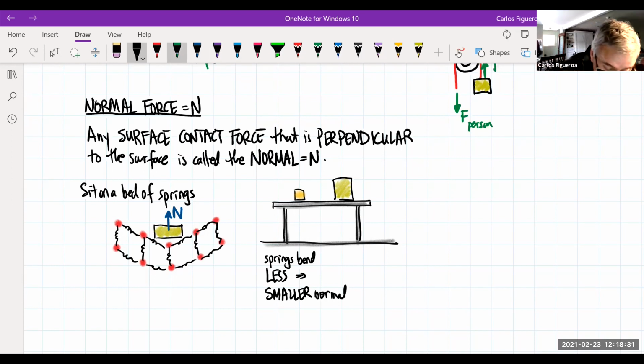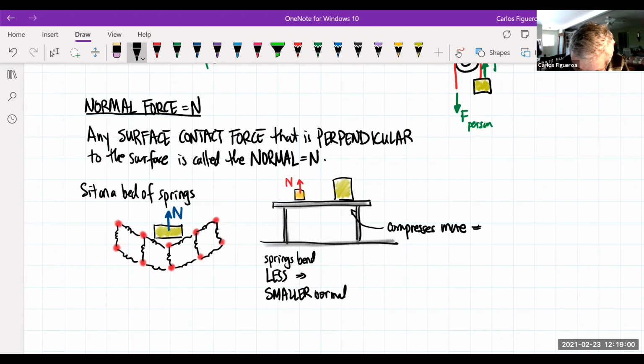However, if I come in here and draw my picture, how am I going to draw it? Well, the surface of that table then applies a smaller normal force. But because this is a bigger one, what I'm saying is this compresses more.